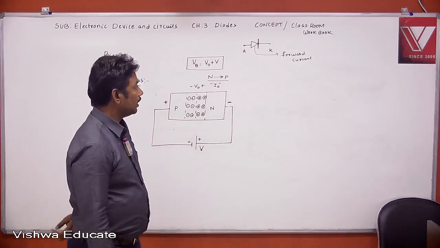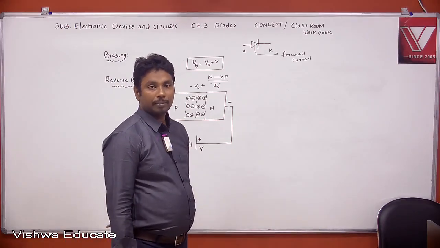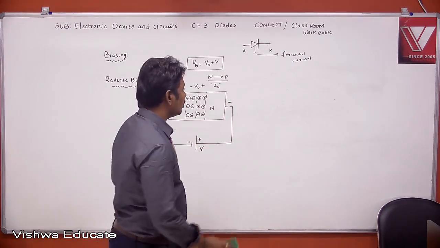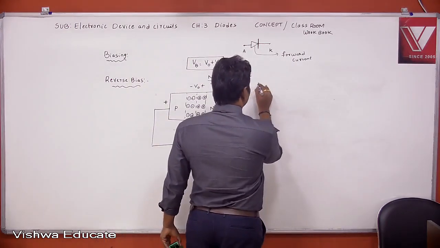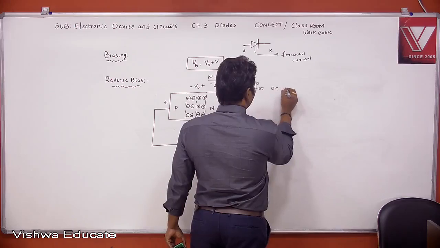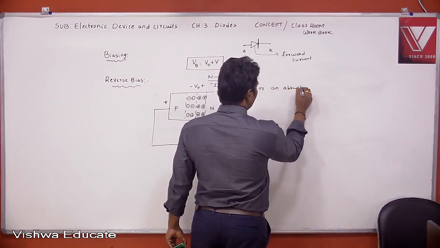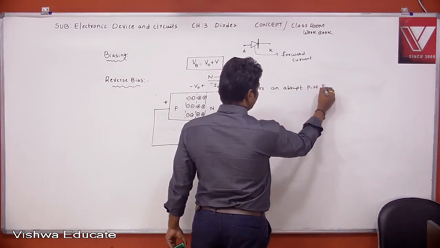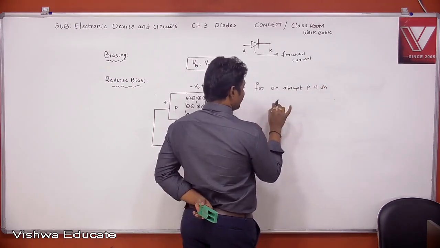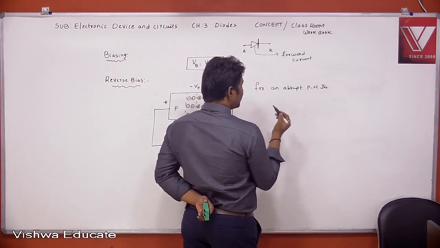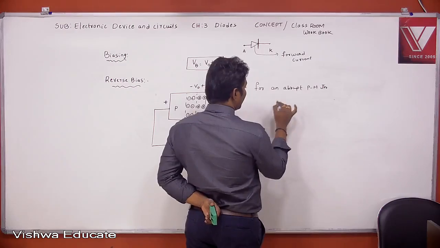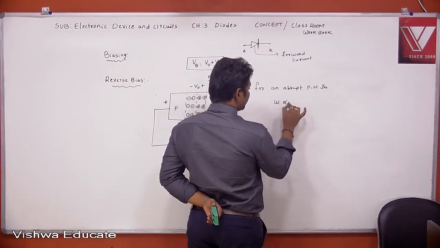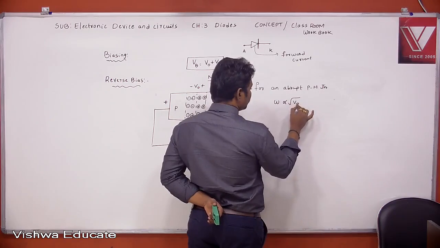Next heading, note. Listen, what is the note? For an abrupt PN junction, I already discussed what abrupt is. Abrupt means sudden change. For an abrupt PN junction, the depletion width WB is proportional to the square root of VB.